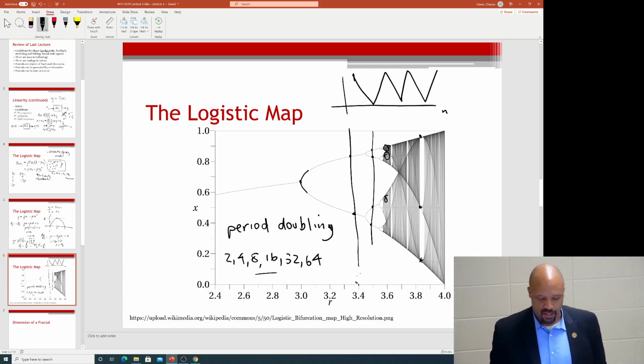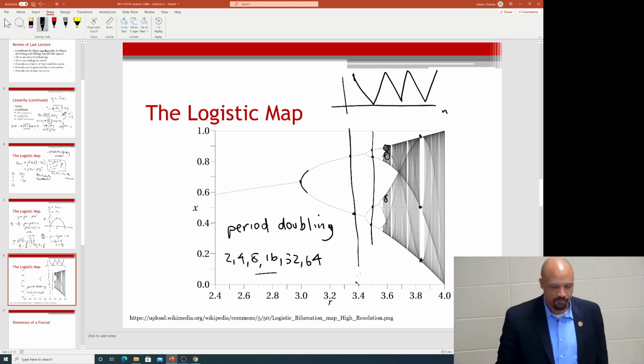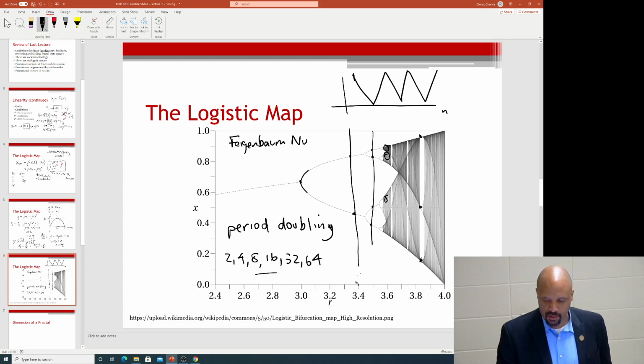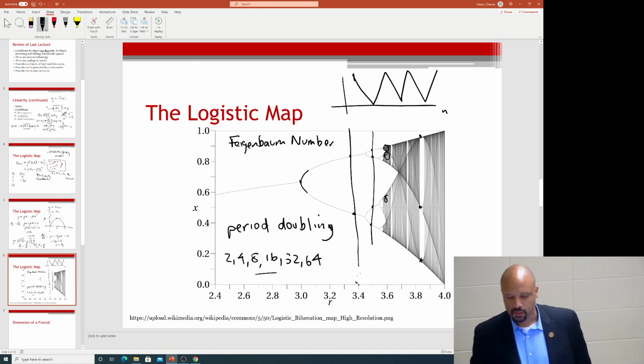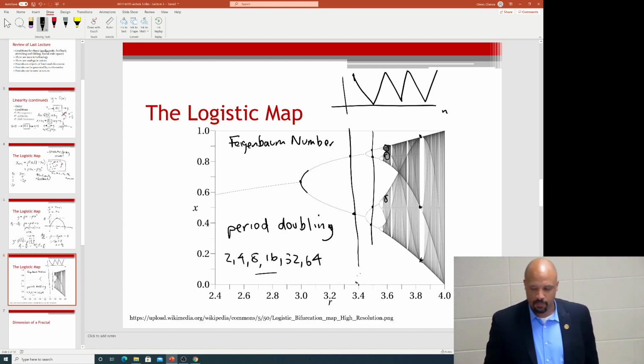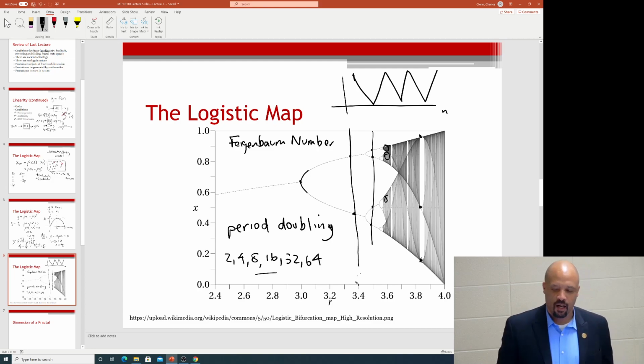There's a lot of fascinating things. There's something called the Feigenbaum number. And in the next homework question, I'm going to ask you to find out what this is and to describe it to me, and even perhaps show how you would calculate it.